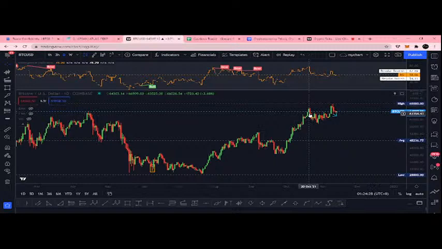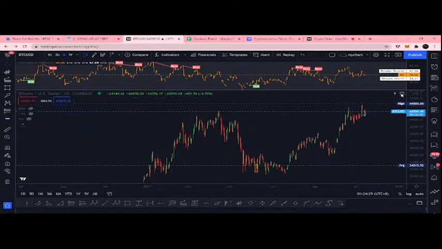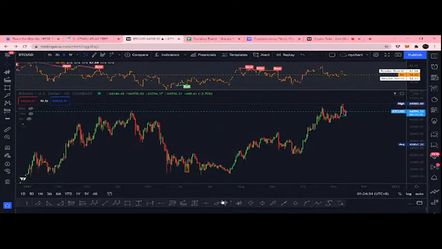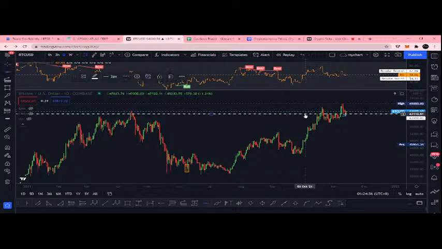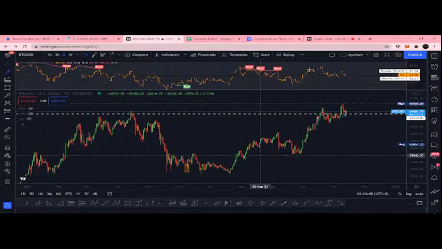So this 63,000 holds. The 63,000, you can also use that using the Renko chart as a support area. So seems like the 63 holds and might possibly retest, of course, the all-time high. So I think the pullback is over.